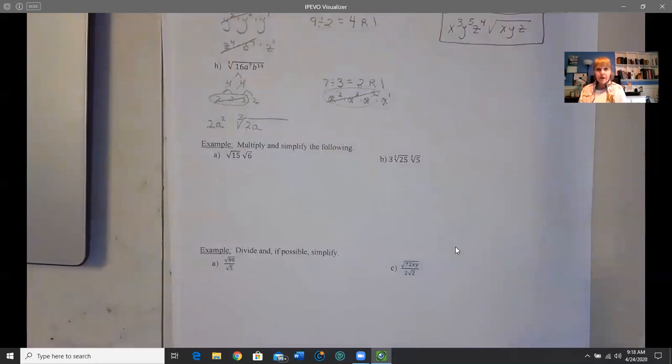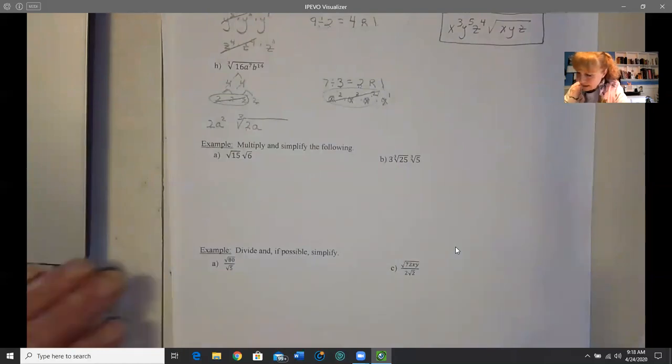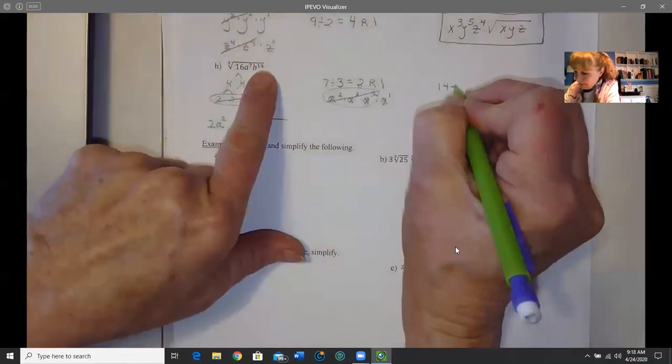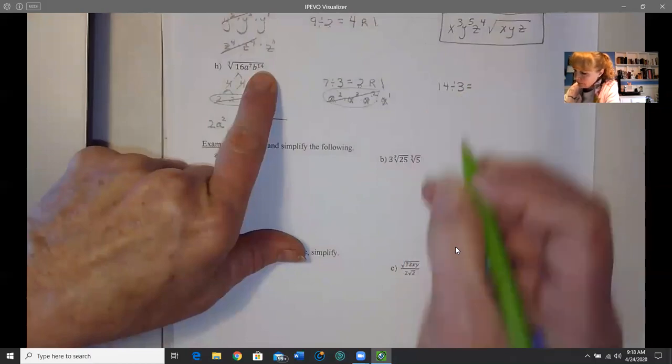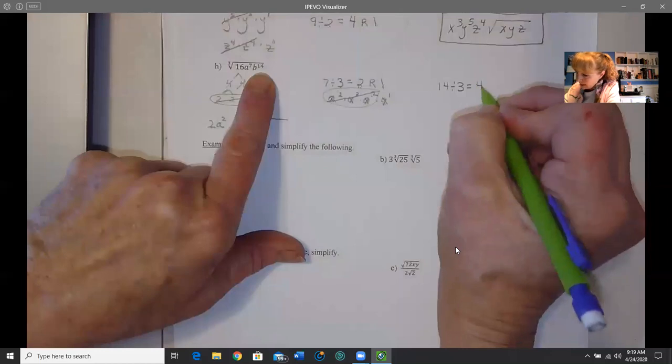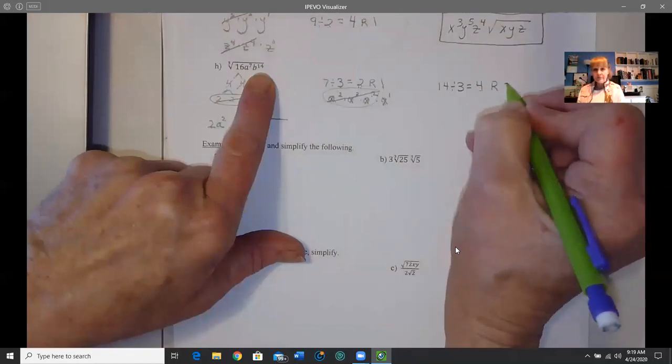Okay. Now, let's look at the b's. So we've got, let's take 14 divided by 3. Okay, 14 divided by 3, let's see, 12, so that would be 4, because that gives you 12 with a remainder of 2.